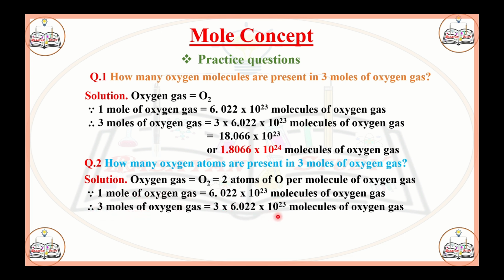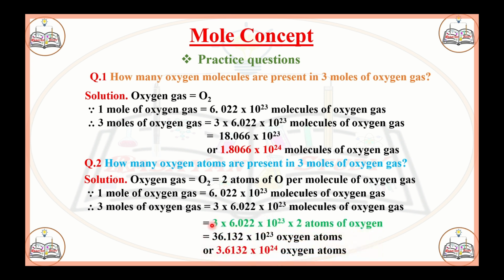Up to now it is so clear, right? But this will have into 2 number of atoms. We are converting molecules to atoms, so an extra 2 comes here. So it is equal to 36 × 10^23 or 3.6 × 10^24 oxygen atoms. I hope this is clear now.